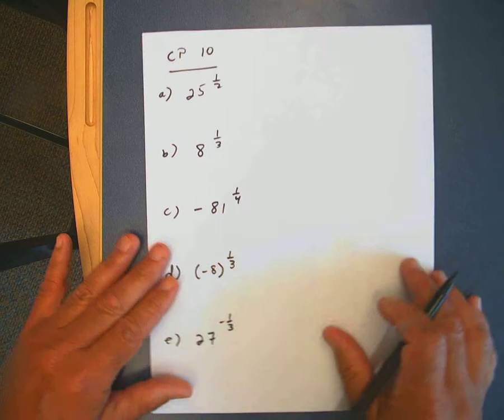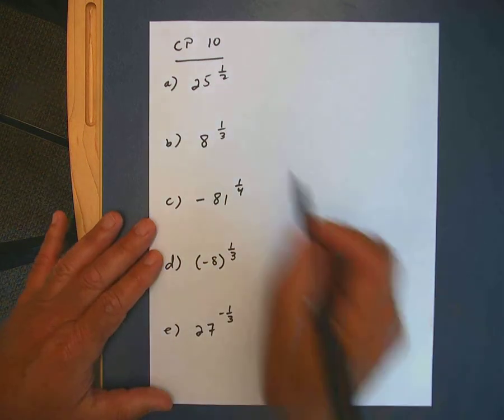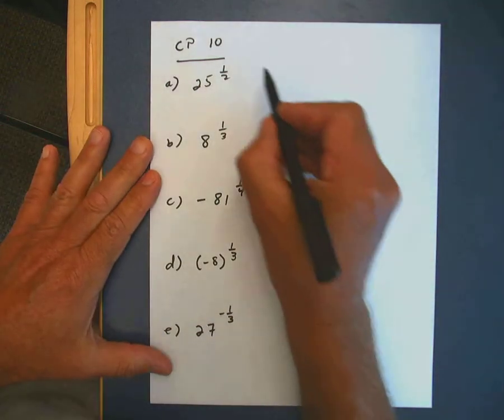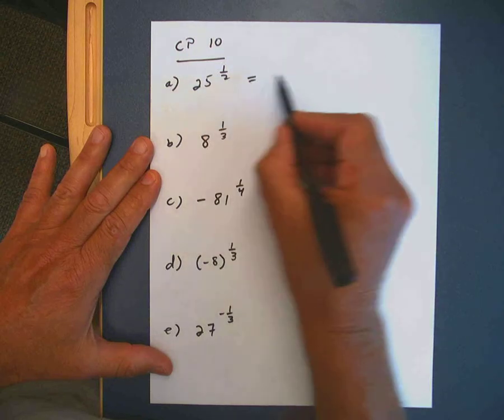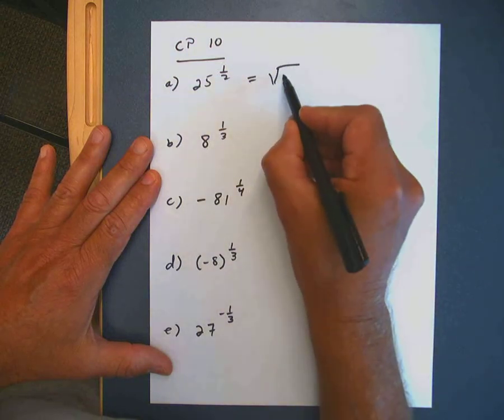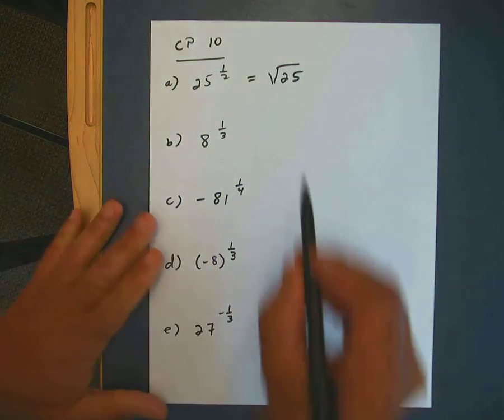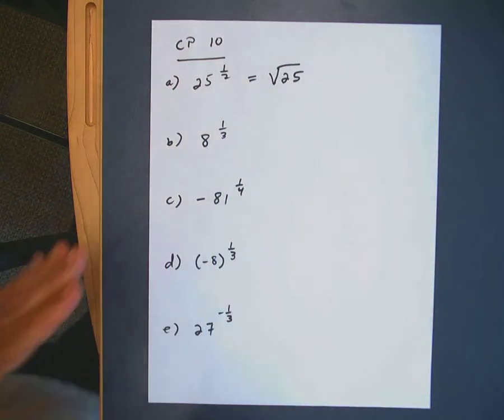Check point 10. We have 25 to the 1/2 power. You might think of it as a square root if it helps. That could be written as the square root of 25. And sometimes it's convenient to go back to the root notation that you might be more comfortable with.